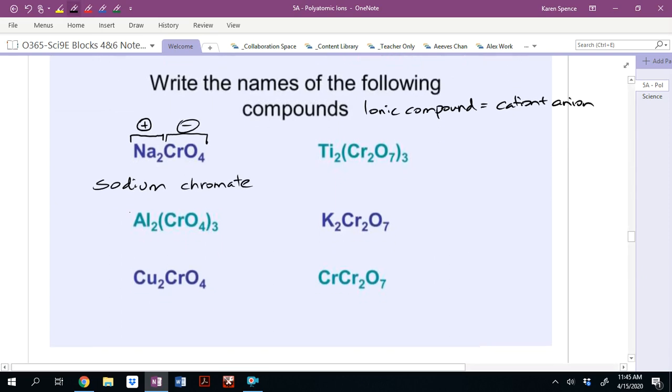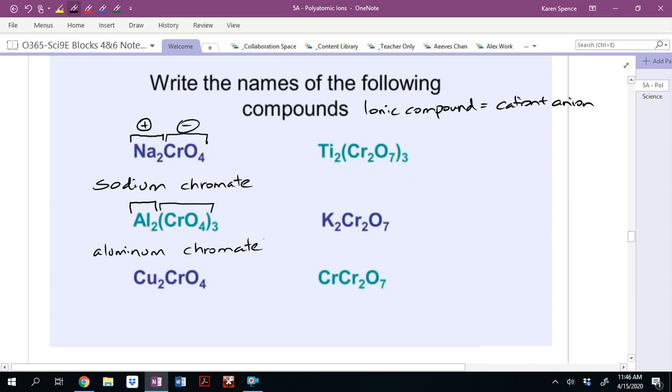All right, we have our next one. Al is our positive ion. That means that the CrO4 is our negative ion. And so that will be aluminum chromate.